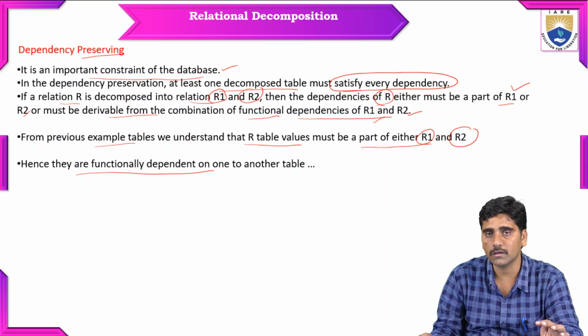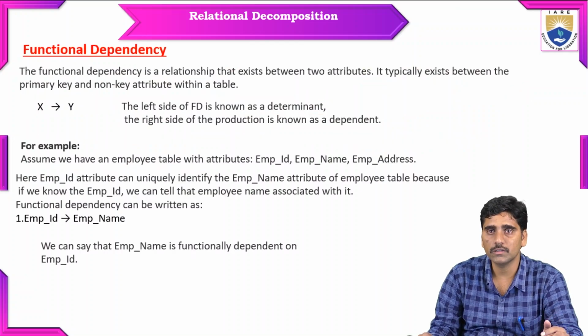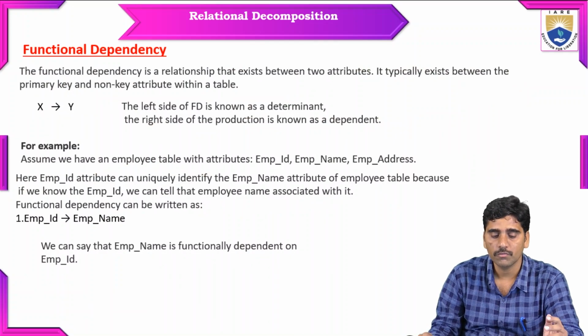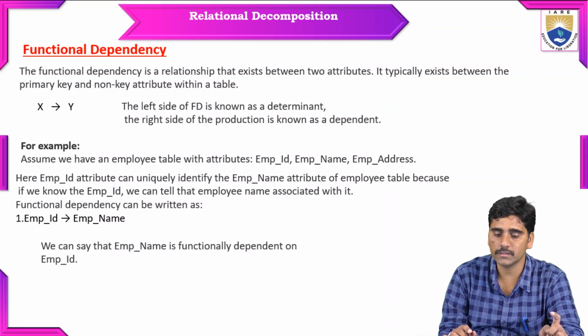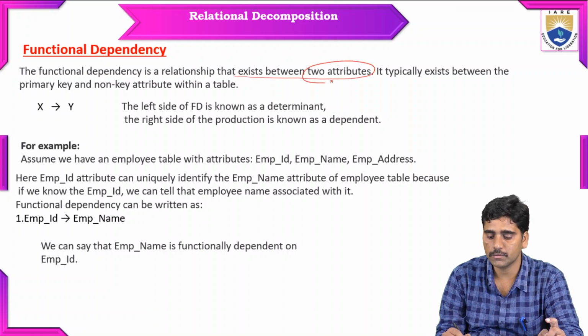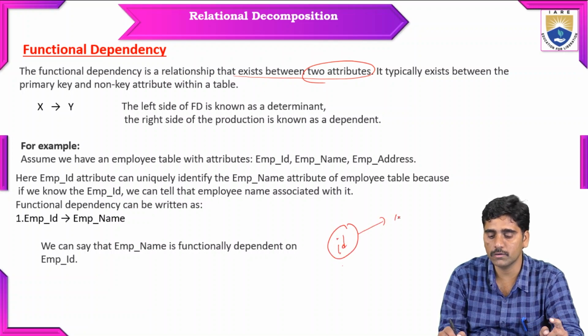That means, of the divided tables, at least one table has to satisfy the other table's dependencies. To do this, we need to understand one more thing, functional dependency. The functional dependency is a relationship that exists between two attributes, such as between an ID and a name.